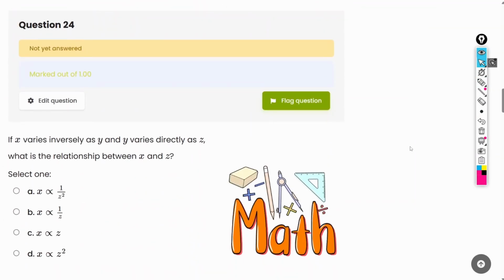All right, 24 says x varies directly as y and y varies directly as z. What's the relationship between x and z?